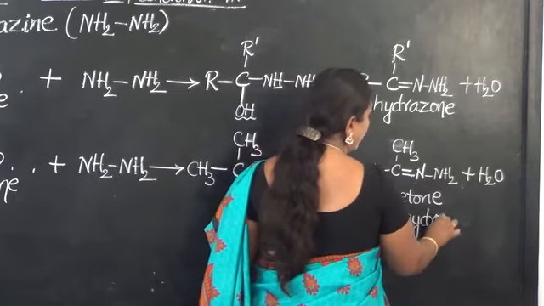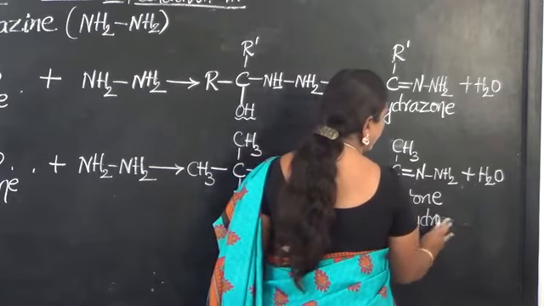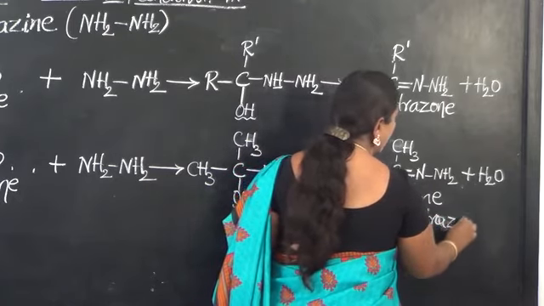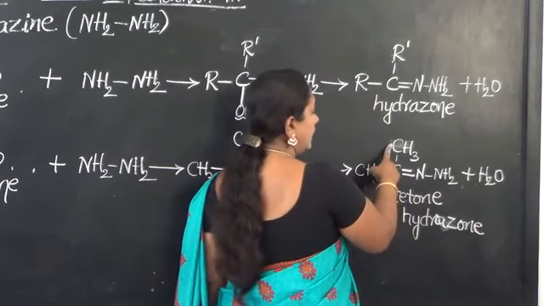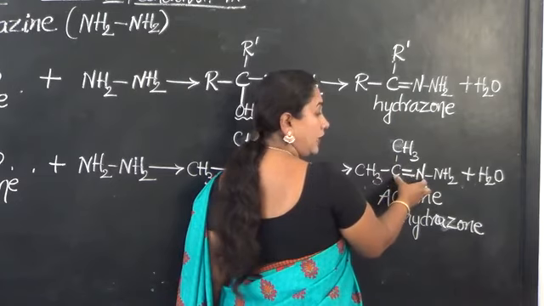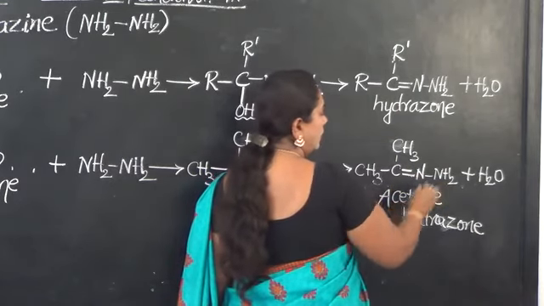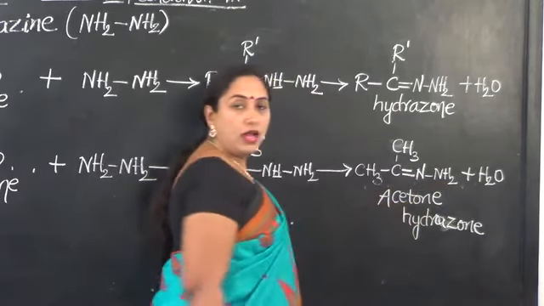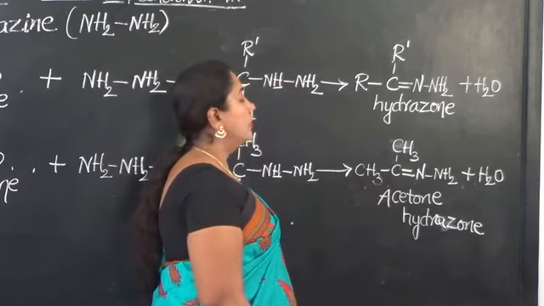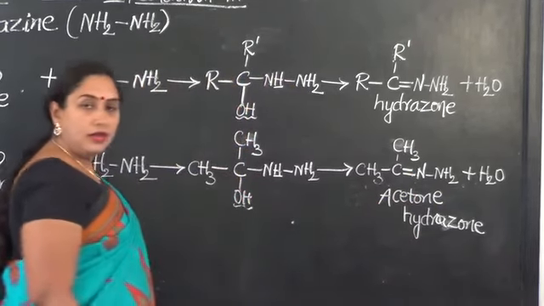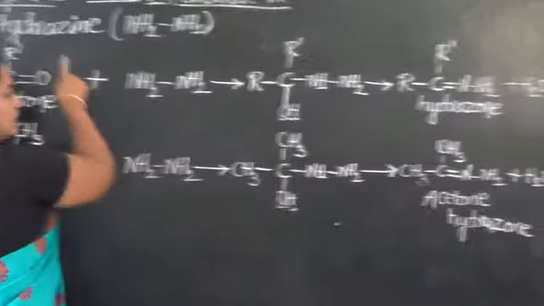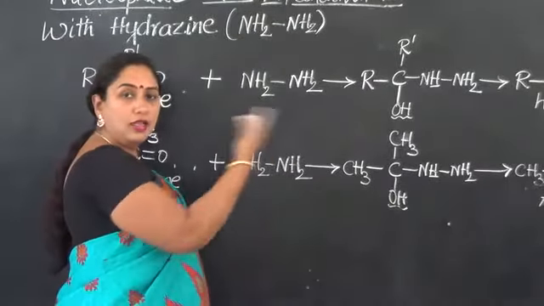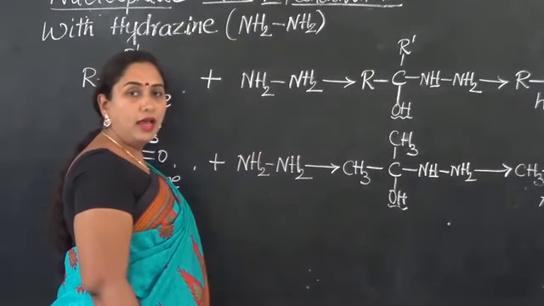The formula being CH3 linked with C, double bond N, and NH2. So this is the formula for acetone hydrazone. So both aldehydes and ketones react with hydrazine in a similar fashion, resulting in the formation of the corresponding hydrazone.